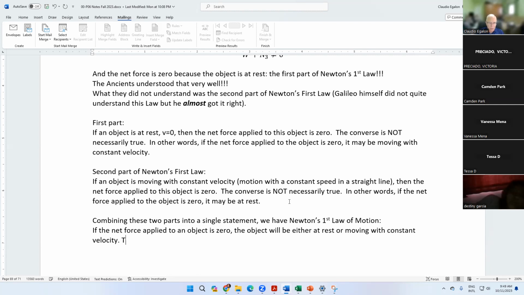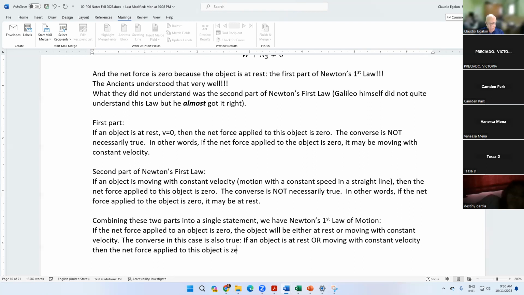The converse in this case is also true. In other words, if an object is at rest or moving with constant velocity, see how we combine everything into a single statement, then the net force applied to this object is zero.